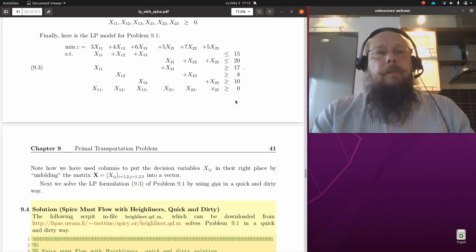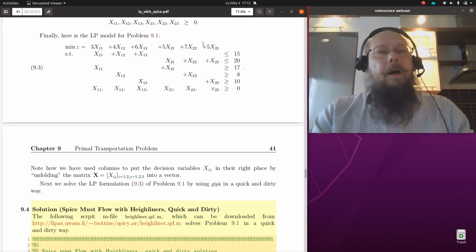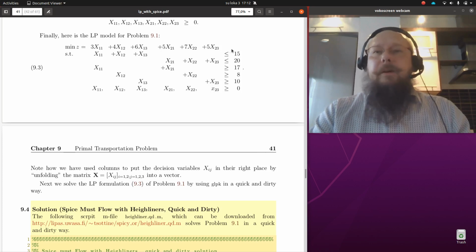For this formulation, it's important to note that the C, the transportation costs capital C matrix, is now somehow unfolded here as a vector. And then the supplies are here and demands are here.